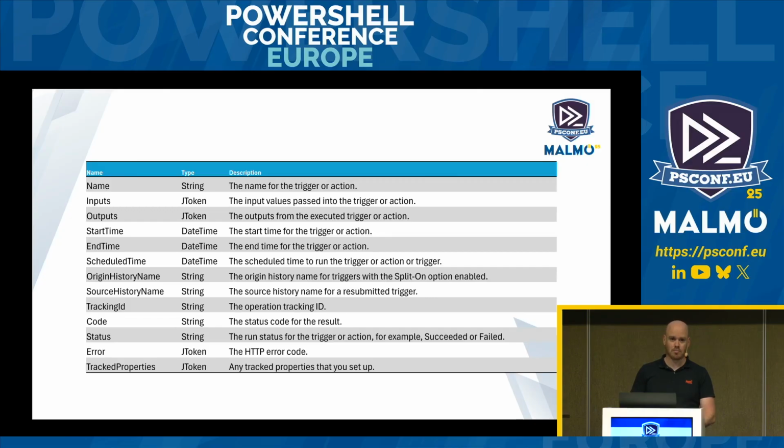It has some common properties, but the main thing you're going to end up focusing on is going to be the outputs property. But as you can see, the type there is a JToken. So it's kind of converted from JSON, but it's not really nicely done.